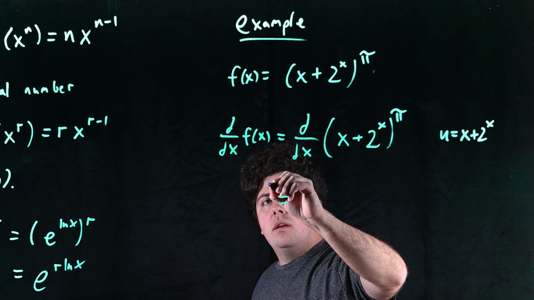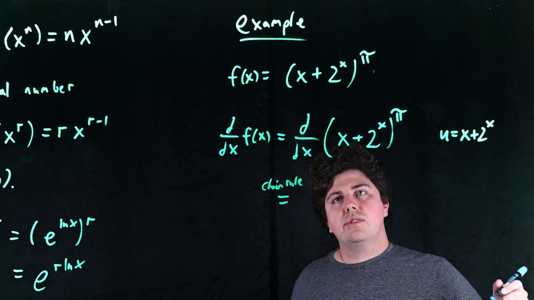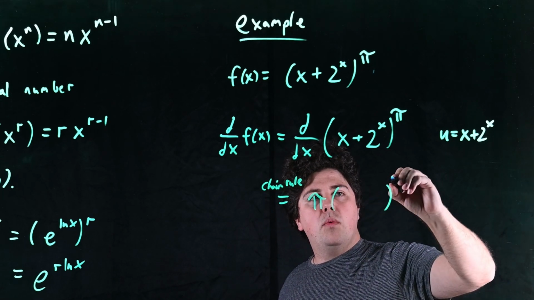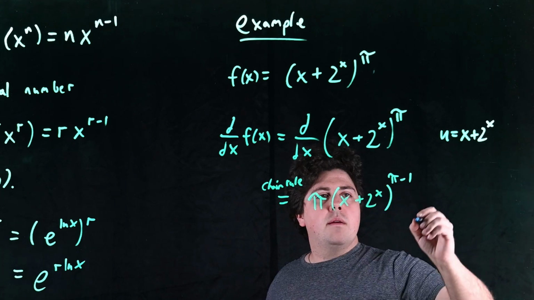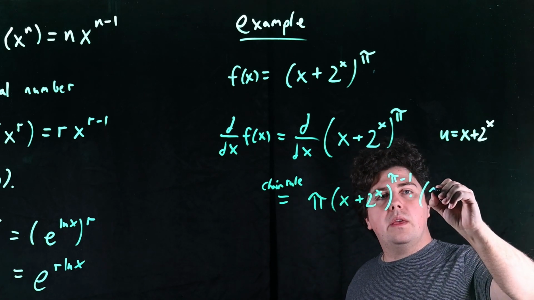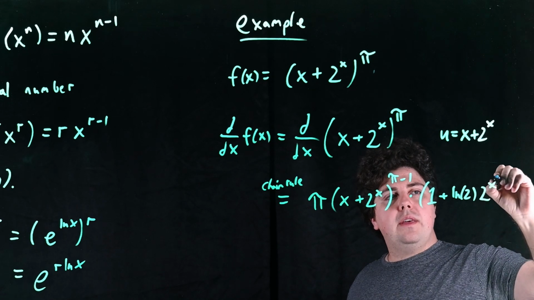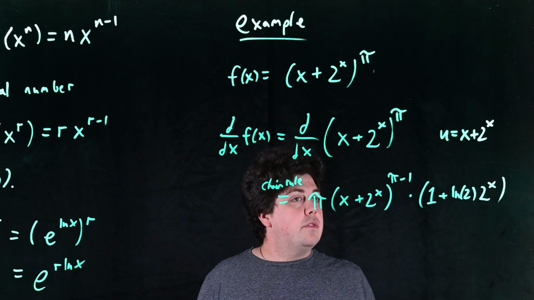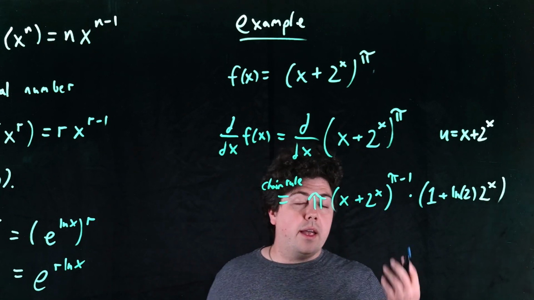So by the chain rule, the derivative of this guy is, well, we just take pi times the stuff on the inside to the power of pi minus 1, multiplied by the derivative of the inside guy, which we now know is 1 plus ln 2 times 2 to the x. And this utterly horrific function, we've not only differentiated it, but we've differentiated it very quickly and very easily. And that's how this works.